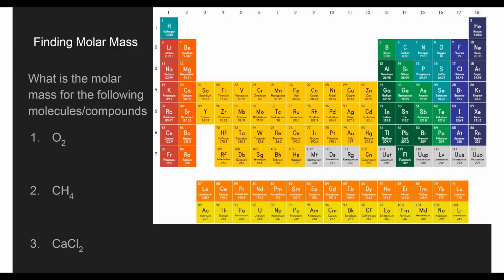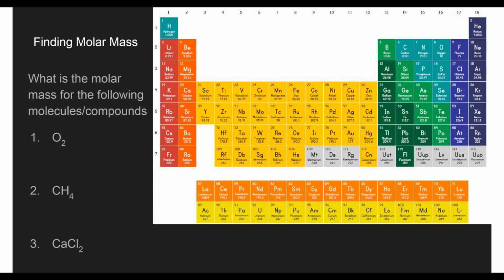So if we look at these exact same compounds that we just had, and now we're looking to find the molar mass of these things, then all we have to do is look at the periodic table just like before. We have the number of atoms in each one, so 4 hydrogens, 2 oxygens, depending on which one we're looking at. The big difference now is we're going to have grams per mole.